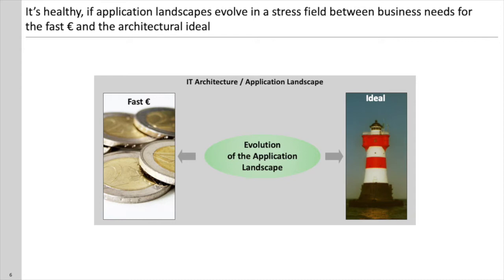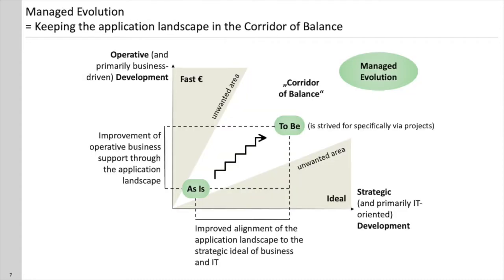So it is healthy if the landscape evolves in that stress field. This is why we create the ideal. And that picture, introducing the term of managed evolution, is the main idea of the context behind service-oriented architecture.